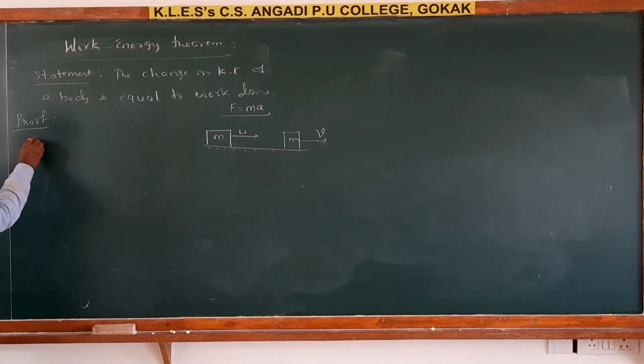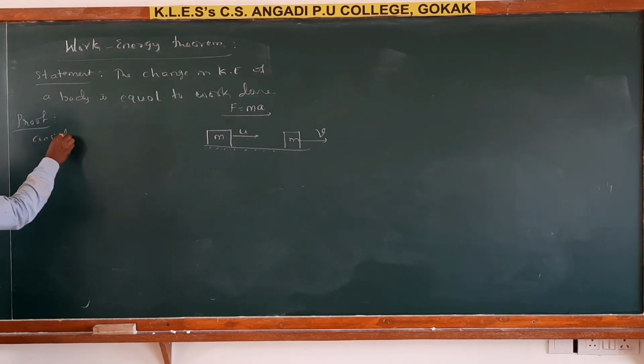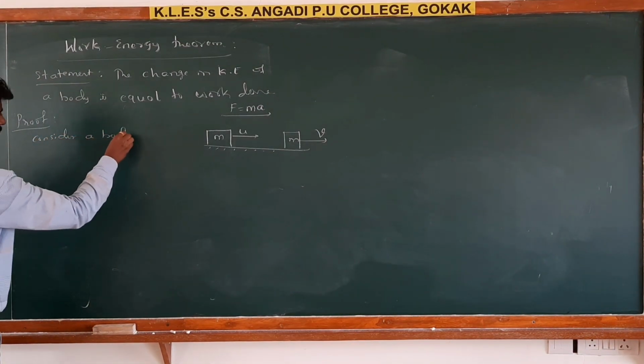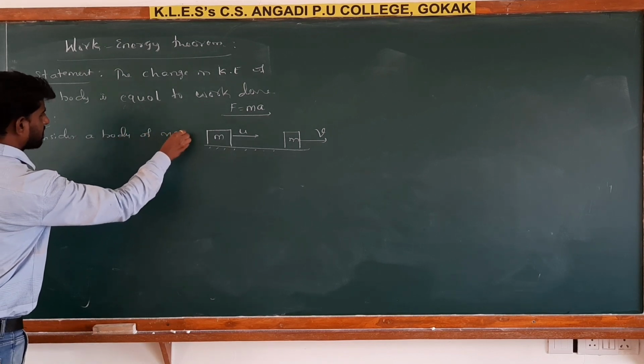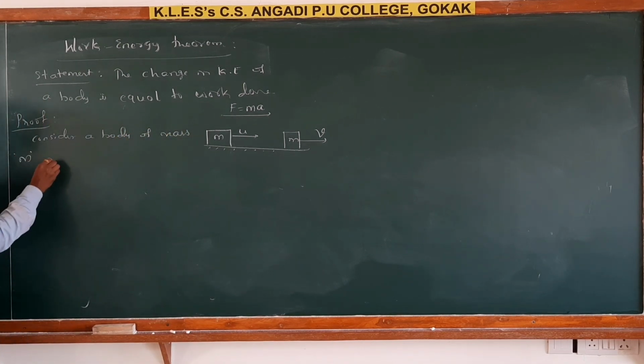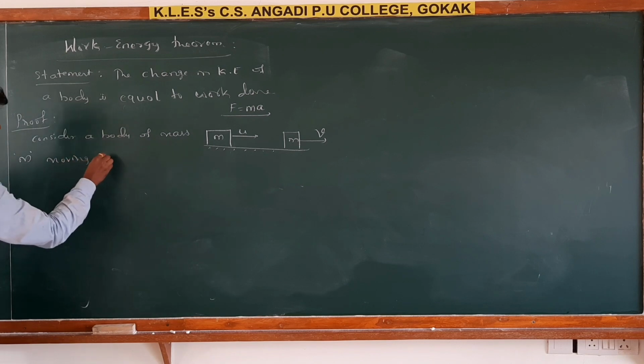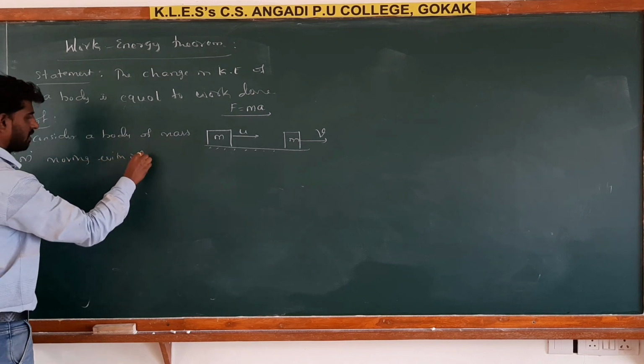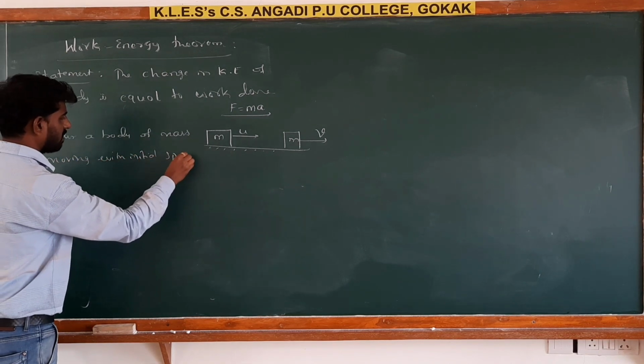So we should write: consider a body of mass m moving with initial speed u.